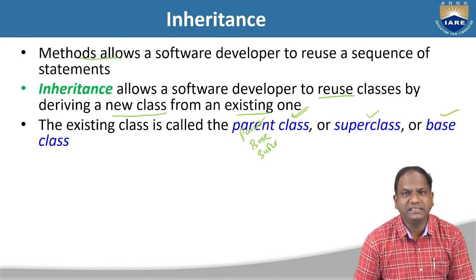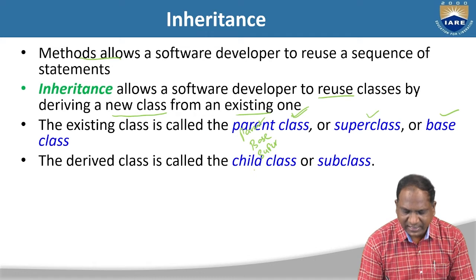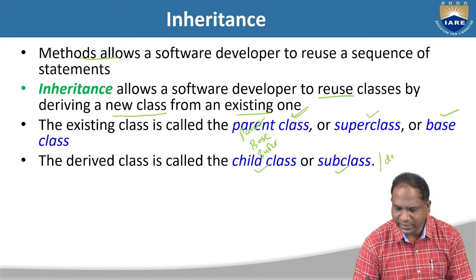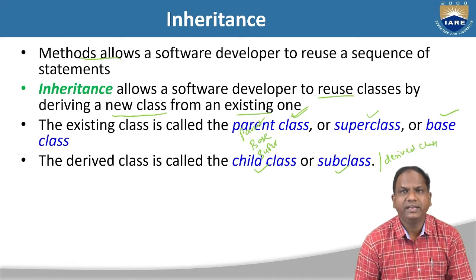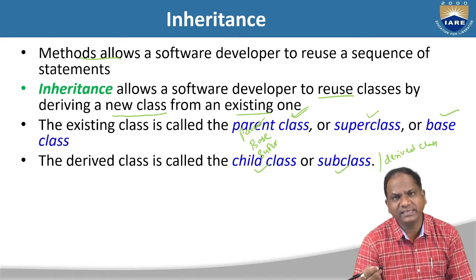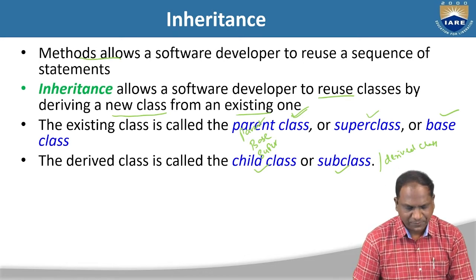The class which is derived, meaning the new class you have created, what is that called? It is called a child class, subclass, or derived class. So the new class which we create from an existing class is called a child class, subclass, or derived class.